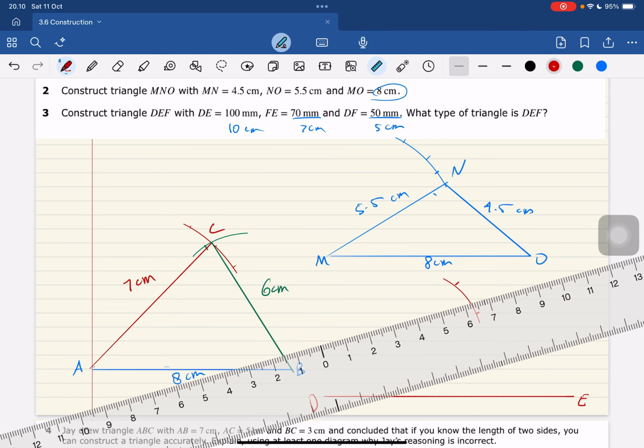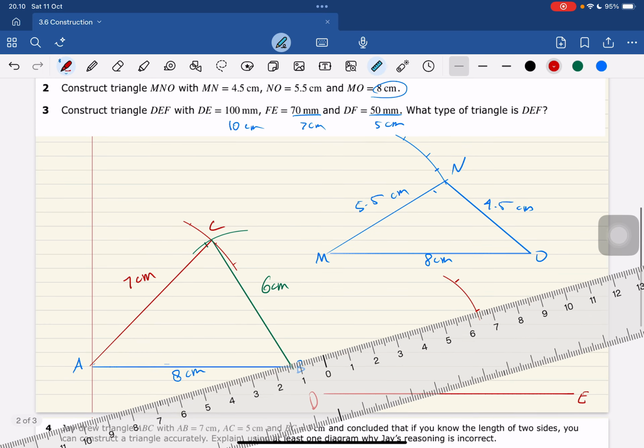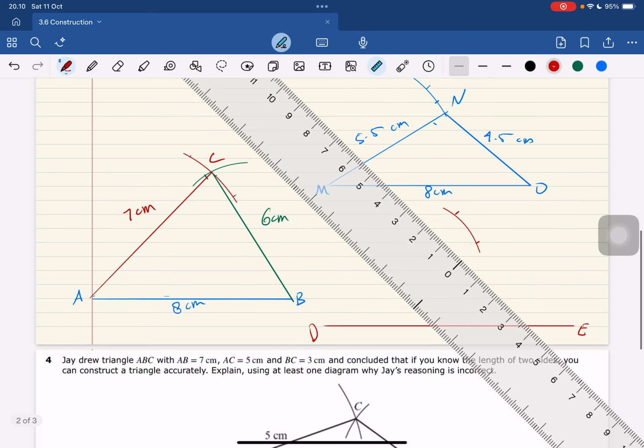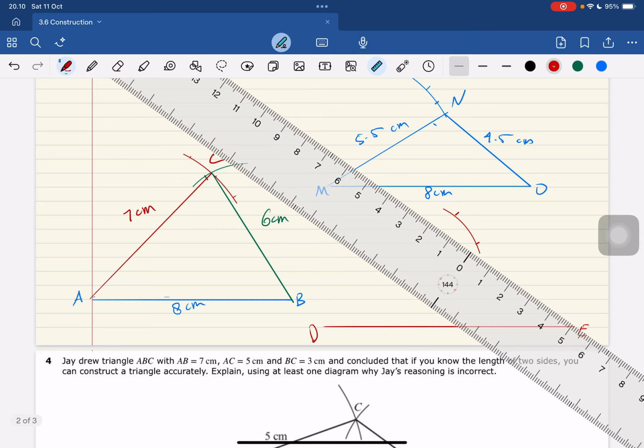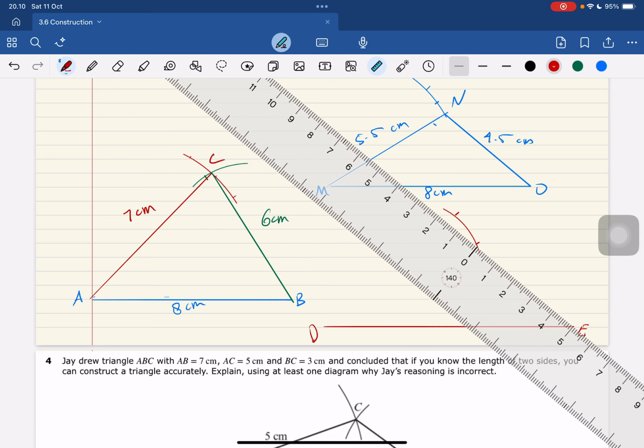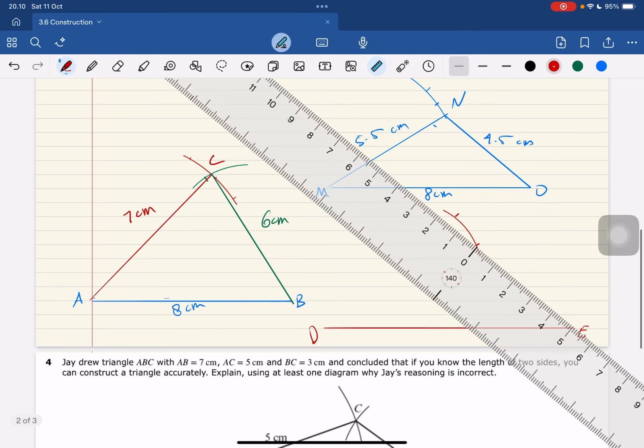Now let's try for 5. Okay, this is 5. Yes, we found it here. Cross the arc.